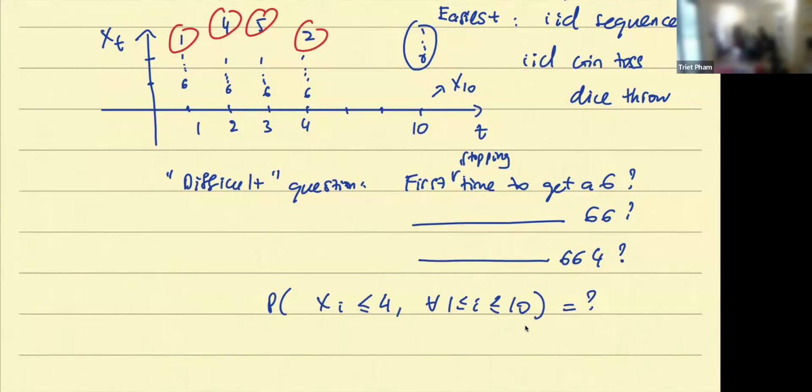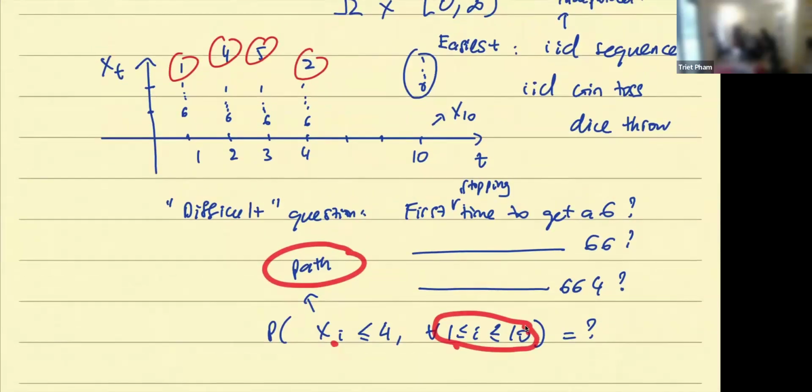This, in statistics, is related to the idea of order statistics. But basically for us here, what it's referring to is what we call path behavior. This is the path of the random variable from time 1 to time 10. And what we're saying is it must be always below value 4 throughout.